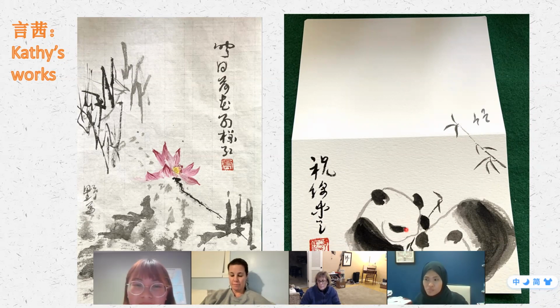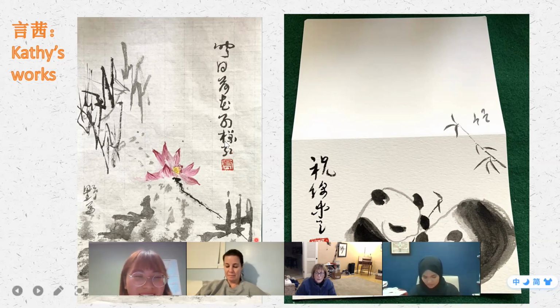And this is 映日荷花别样红, right? Yeah, it means the lotus under the sun is rather pretty, rather red. Right. And these pictures are so pretty, I think.